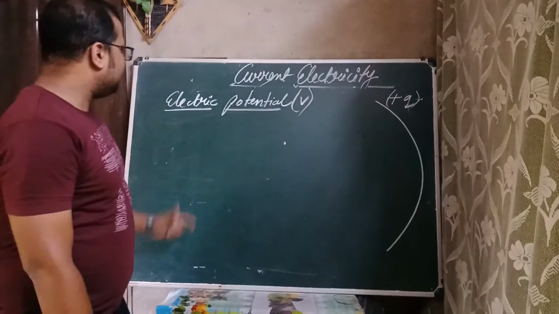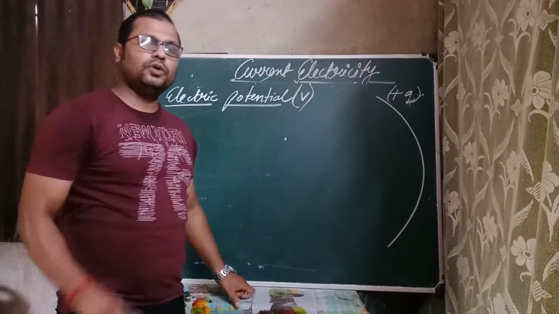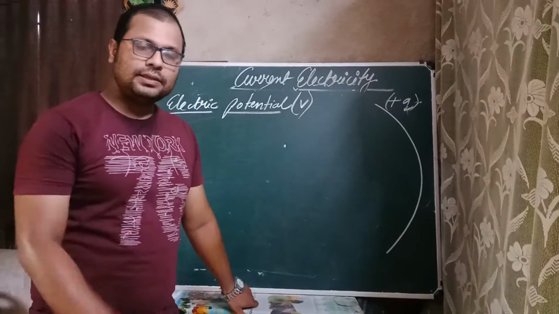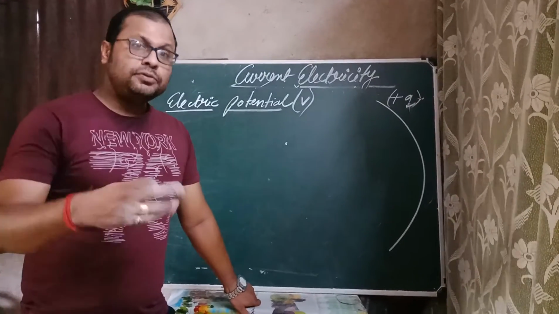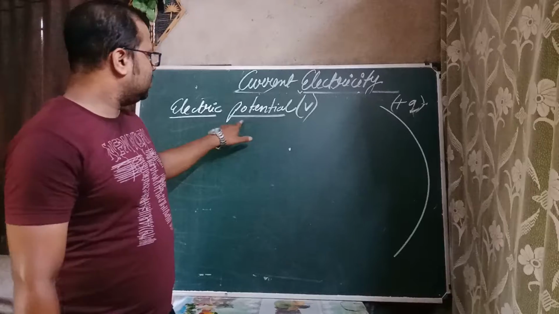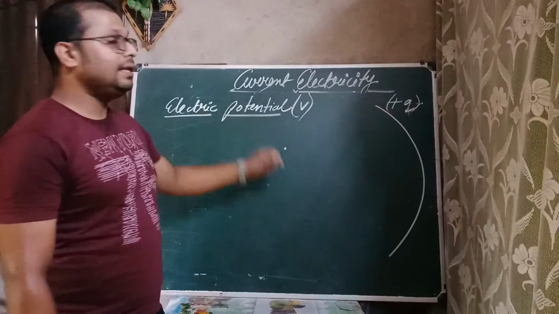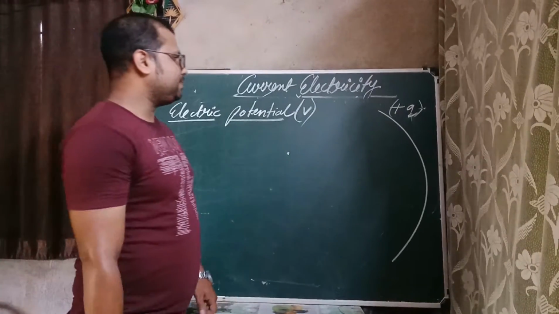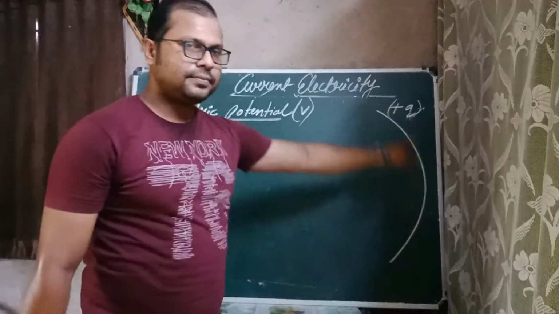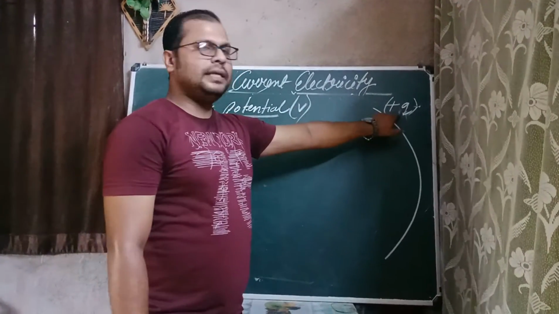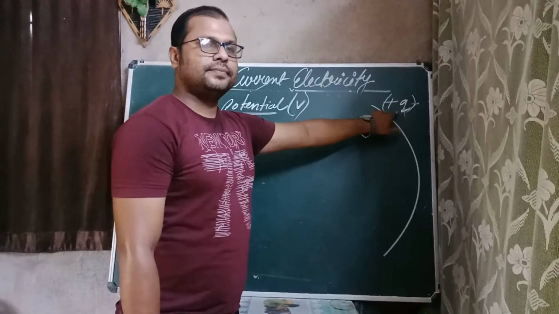Now students, let's try to understand what electric potential is. Potential means capability, the capacity of a body, particle, or molecule. In terms of electricity, how do we relate this potential? Let's understand that. You can see I have drawn a particular boundary, and I have kept unit positive charges here.